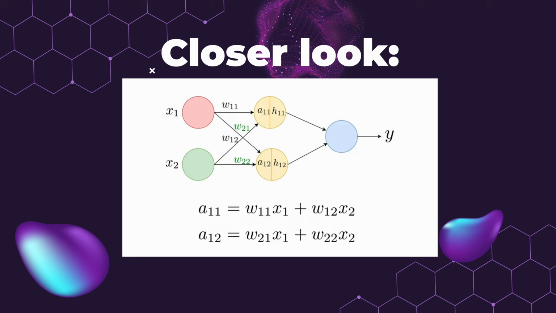So this is a closer look at how it actually works mathematically. We have this x1 value and this x2 value. The data is going into the model through these ports, and then through W11. W11 is being multiplied here by x1, so that is the weight that's happening.